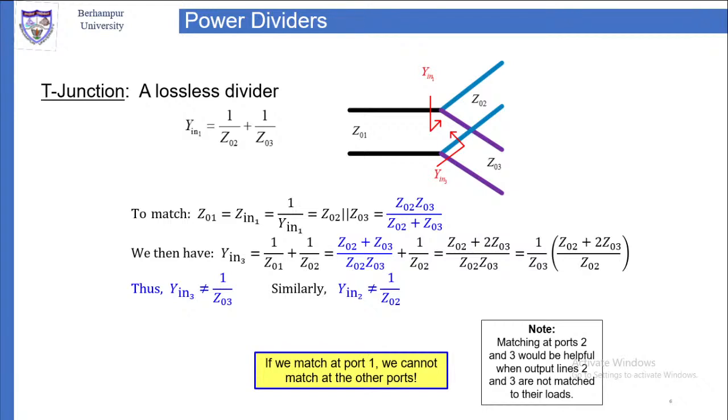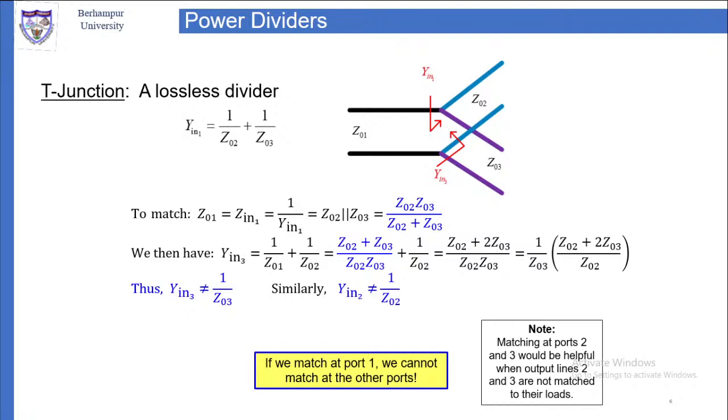Therefore, if I look from the Z01 side, at the junction, the admittance Y in 1, looking from the left-hand side, is equal to the admittance Y02 plus the admittance Y03.